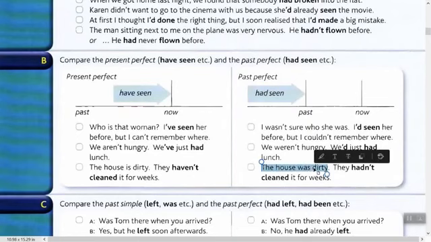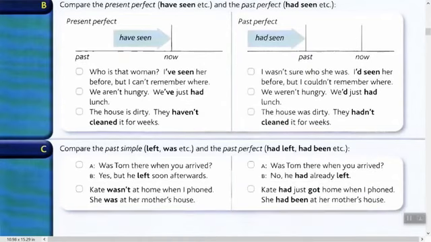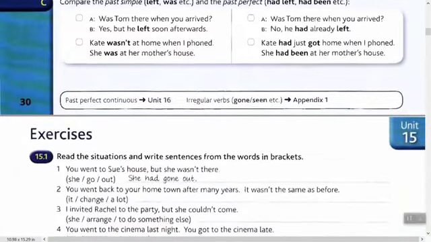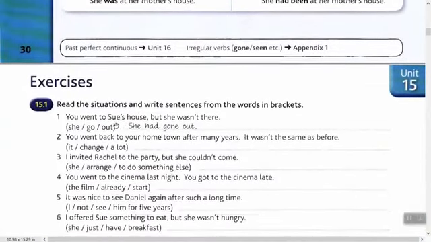It was dirty yesterday when I came in, for example a week before. It was dirty. So what do you say before that? They hadn't cleaned it for weeks. The same, very similar: present perfect and past perfect. Only this thing you put in the past. You put it in the past. Both of them are very similar. The rest is all the same.